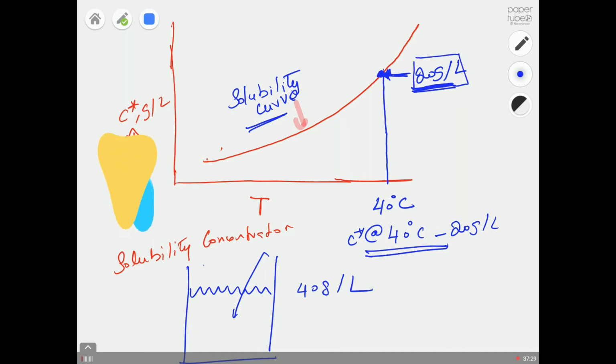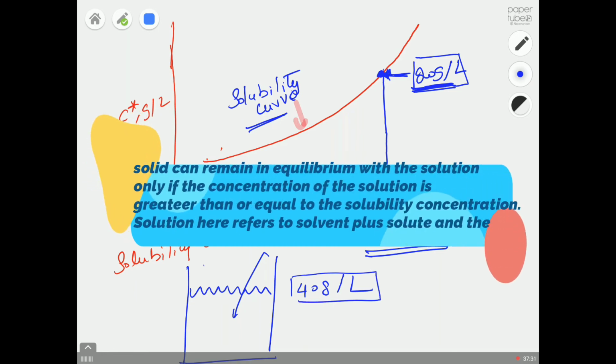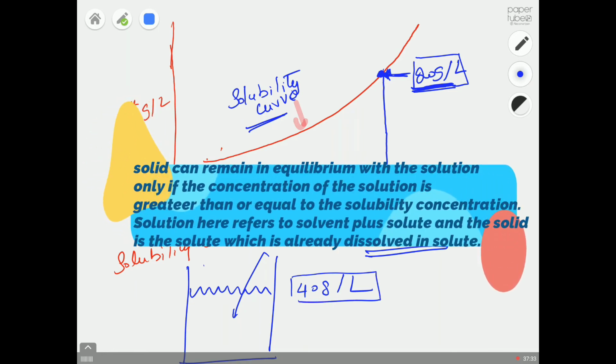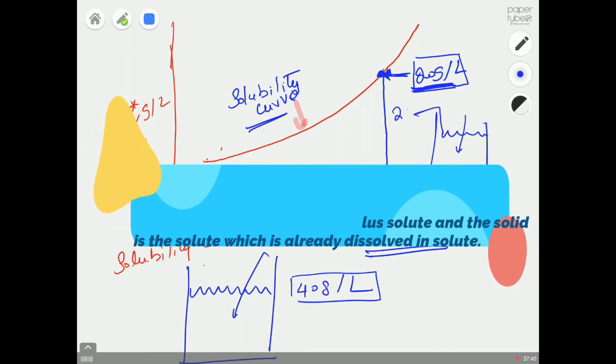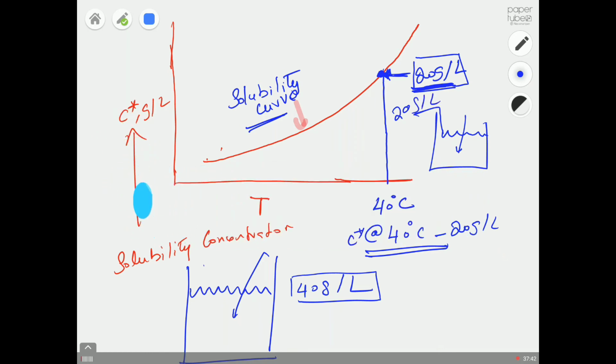So if you started your experiment at 40 grams per liter, your solution will look very turbid. Your solution concentration will read 20 grams per liter, and your solid concentration inside will be equal to 20 grams per liter.